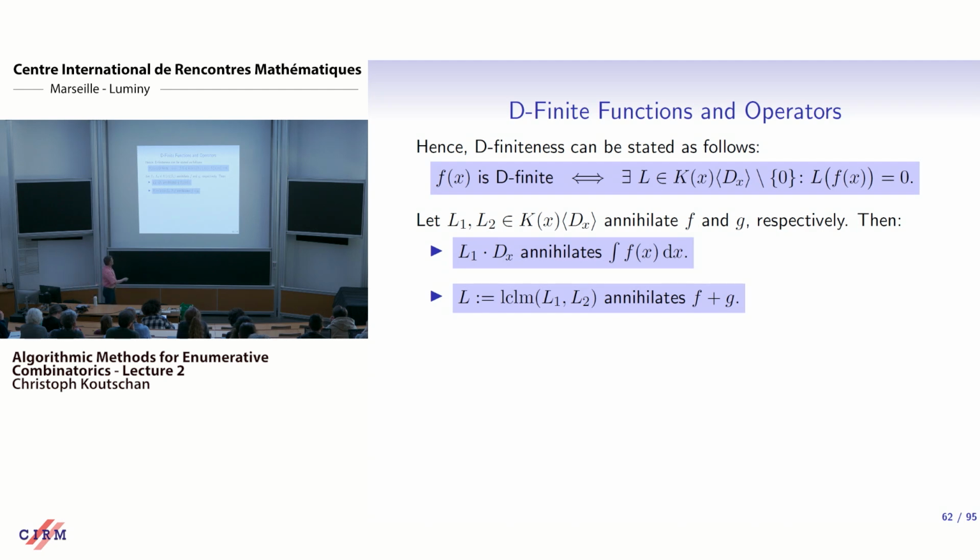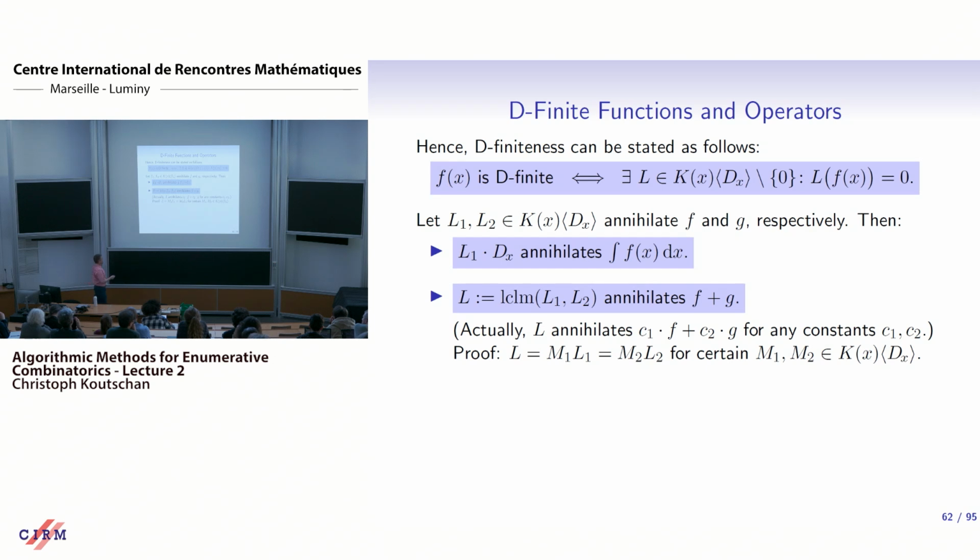If you want to compute the operator that annihilates the sum, f plus g, it's the least common left multiple of the two operators for f and g. And actually, this capital L not only annihilates f plus g, but actually any linear combination with arbitrary constants.